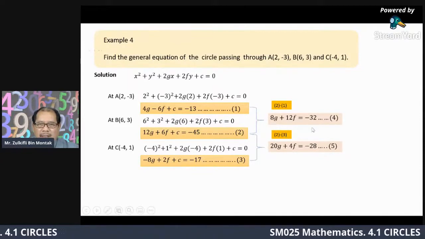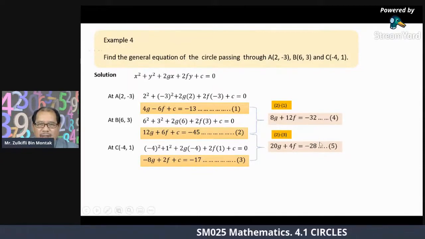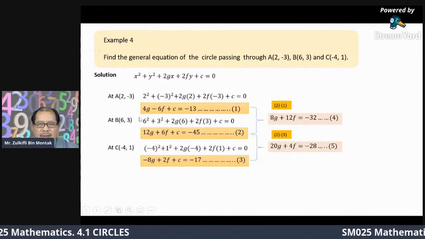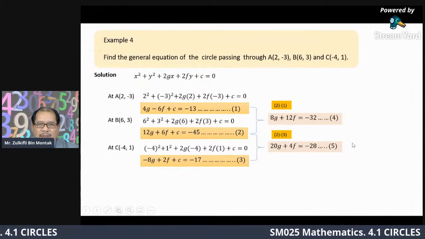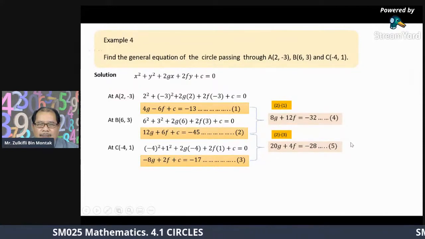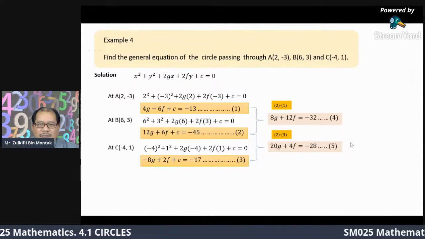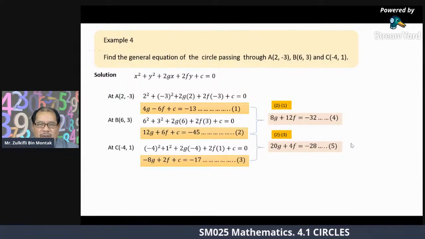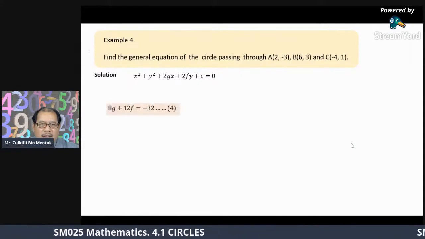Now I have two equations, 4 and 5, with two unknowns, g and f. So we have two equations, equation number 4 and equation number 5. Now I solve them simultaneously in order to get the value of g or the value of f.